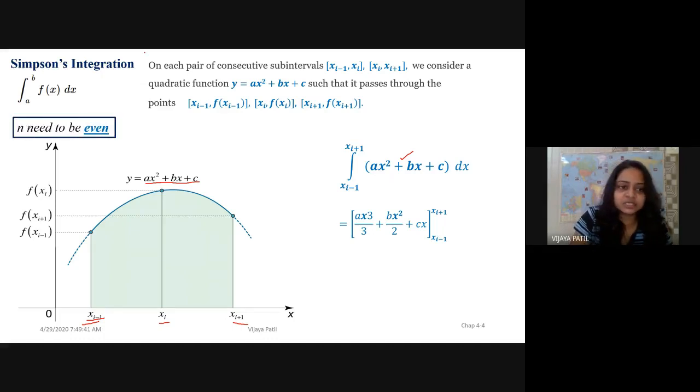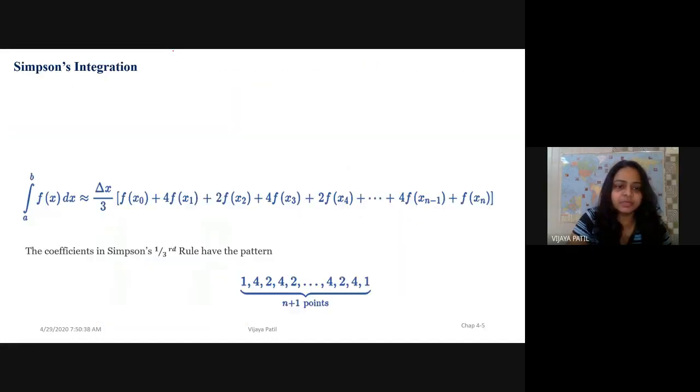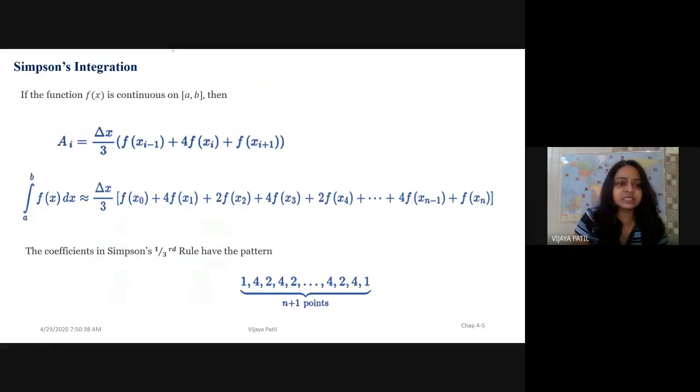As I have told you, n should be an even number. As f of x is continuous, the result is delta x by 3 times f of xi minus 1, plus 4 times f of xi, plus f of xi plus 1. After doing many calculations in between, we reach this formula.